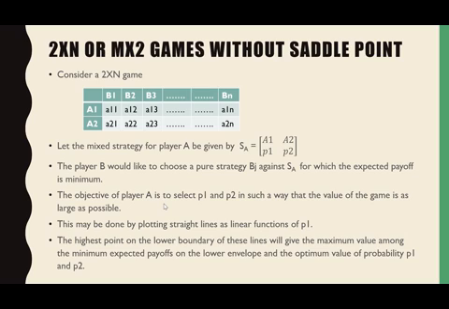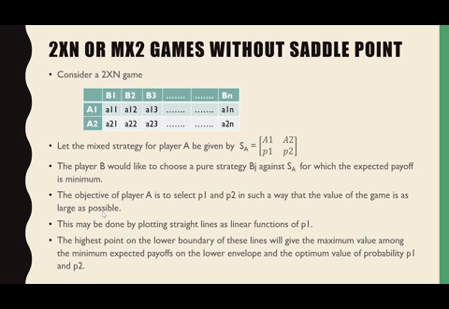The objective of player A is to select P1 and P2 in such a way that the value of the game is as large as possible. So player A will be interested in maximizing his chance of gain or his chance of victory. Player B wants to minimize his chance of losses. Player A wants to increase his chances of victory, right?